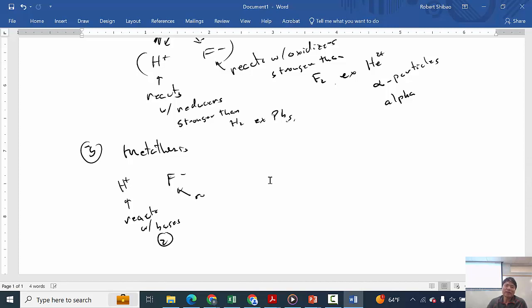Fluoride reacts with acids. This is as in number 1. Using the zigzag. We'll just use zigzag here. Pattern. But fluoride will also react with other species.